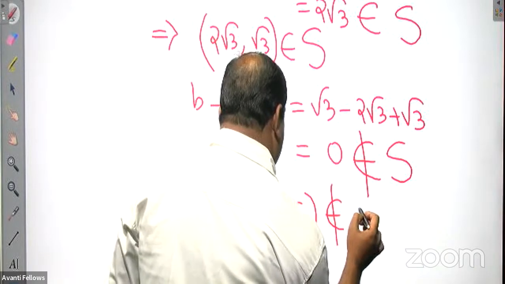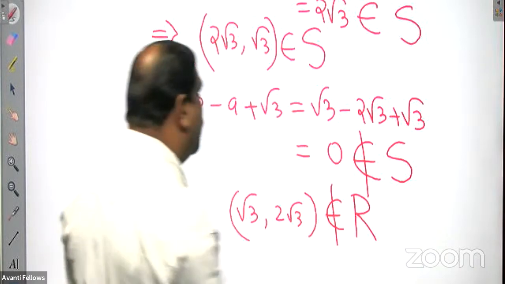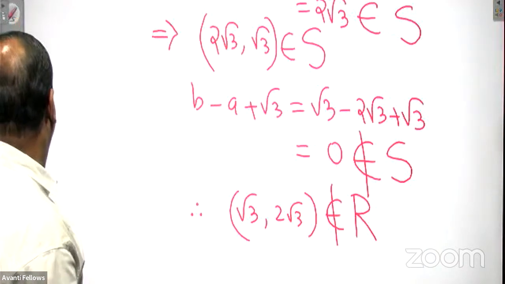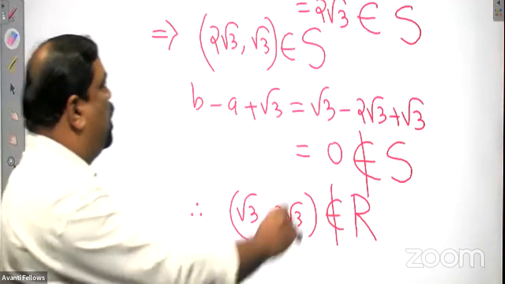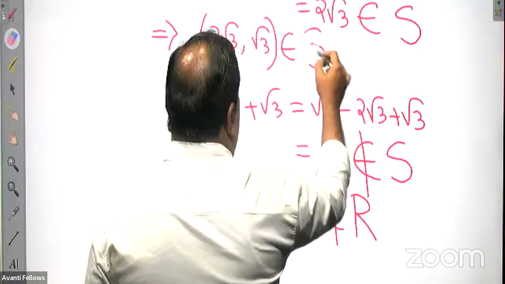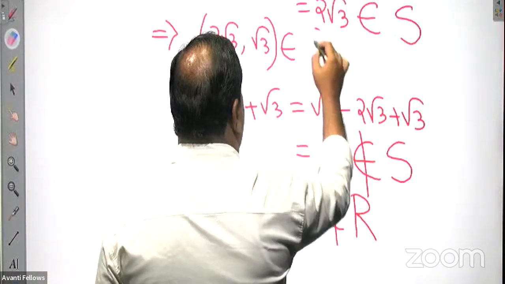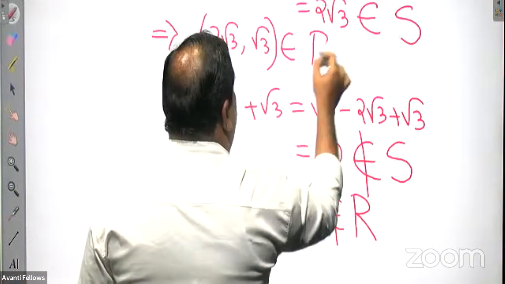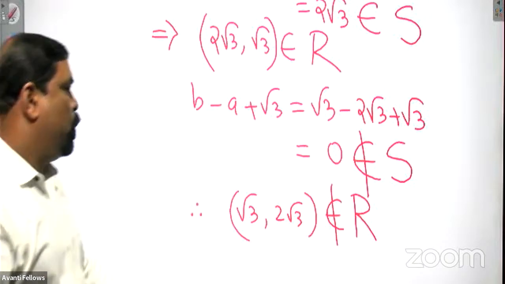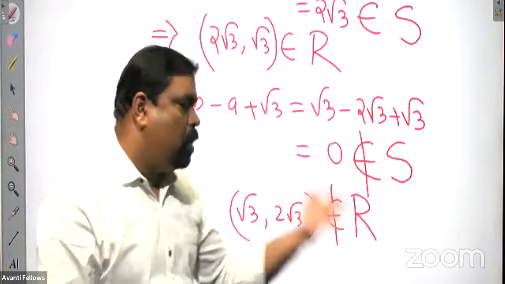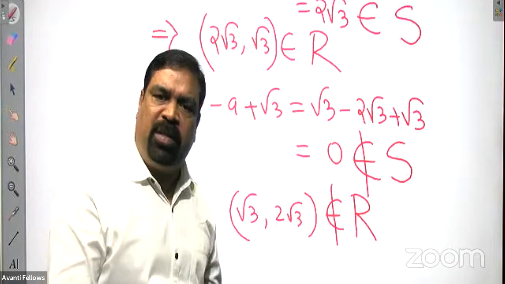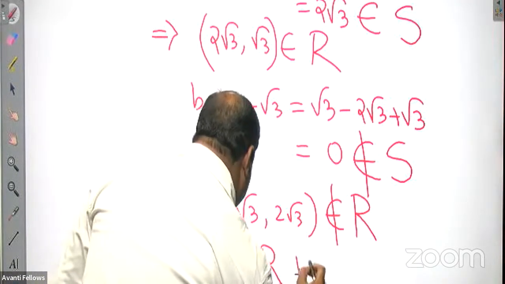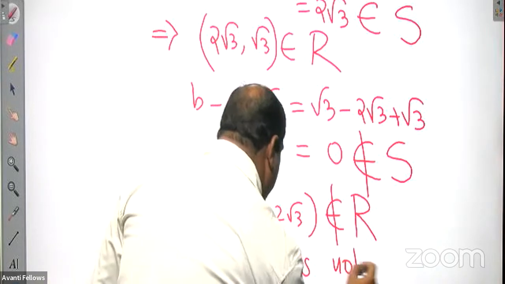So (2 root 3, root 3) belongs to the relation, but (root 3, 2 root 3) does not belong to the relation. That means it is not symmetric. Therefore, R is not symmetric.